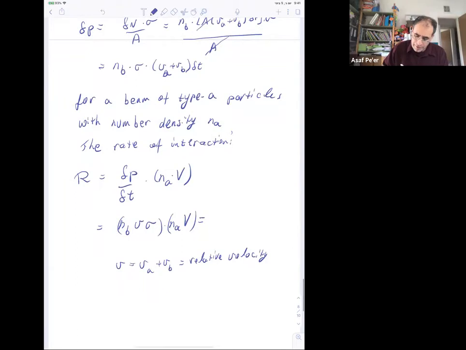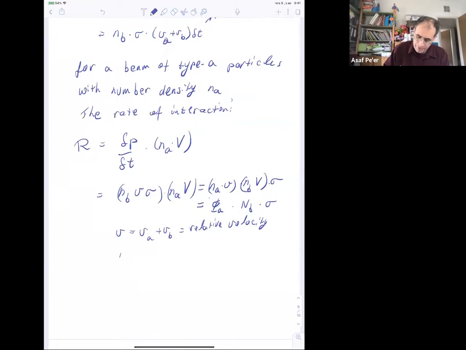Which we can write as NA times the relative velocity times NB times the volume times sigma. NA times the relative velocity is just the flux, phi A. NB times the volume is the total number of target particles, and sigma is the cross section.